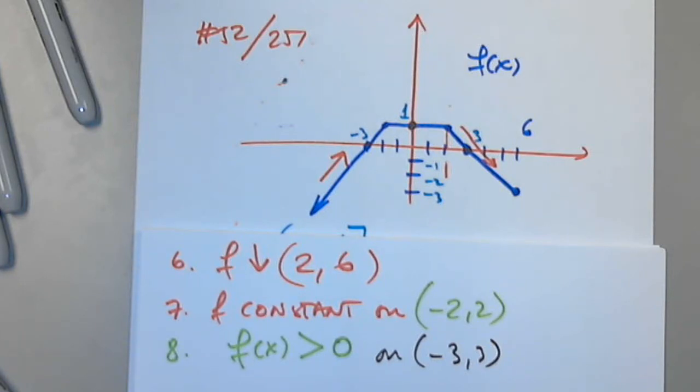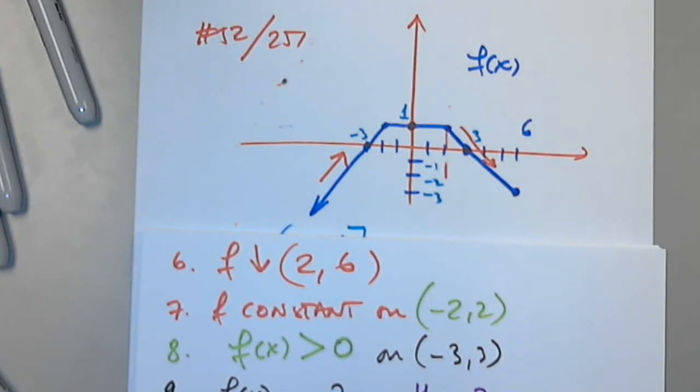Find values of x, so that's my number 9. Find values of x for which f of x equals -2. What am I asked to find and what am I given? I am given y equals -2 and I'm asked to find x. Perfect. So now when I'm given y equals -2, I should draw a line.